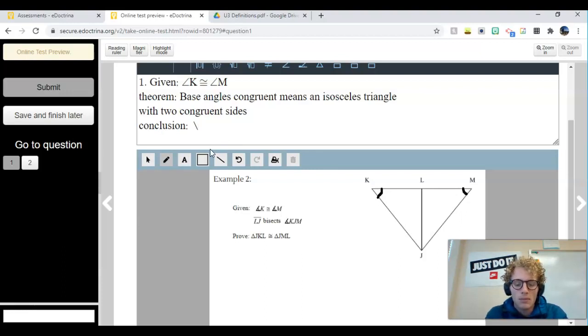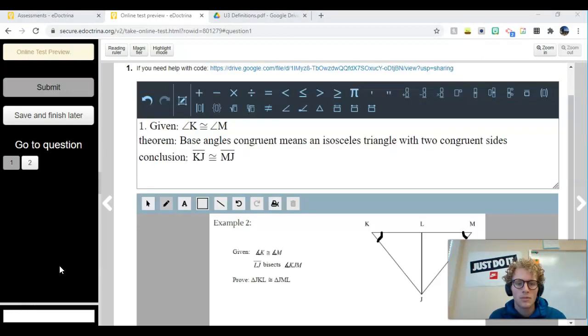So as you can see, I have my given, theorem, and then my conclusion was that those sides were congruent, so I can now mark them congruent. So I do given, theorem, conclusion, draw what's congruent. I've squeezed everything I could out of that given, so now I go on to my next given.